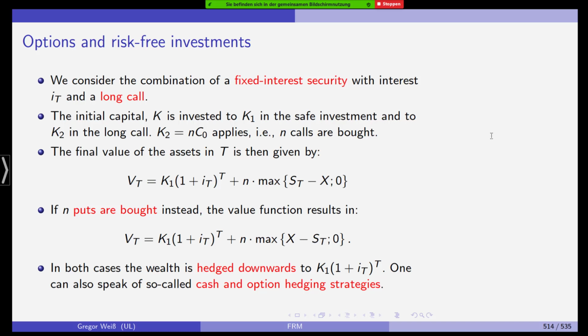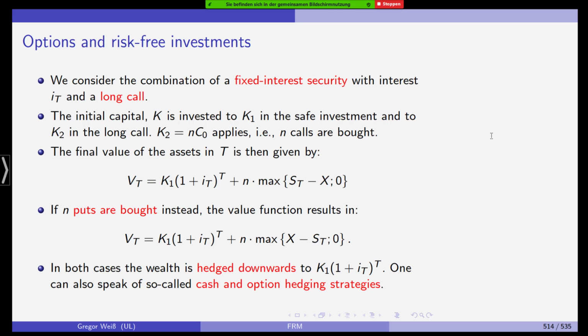Okay. Next, let's move to options and risk-free investments. We are now combining options and fixed interest securities, like, for example, a bond or a zero bond. Now, we have an initial capital, K, invested as K1 in the safe investment, the risk-free investment, and K2 in the long call.